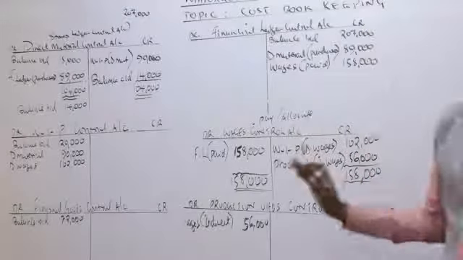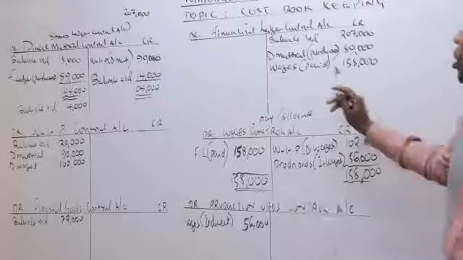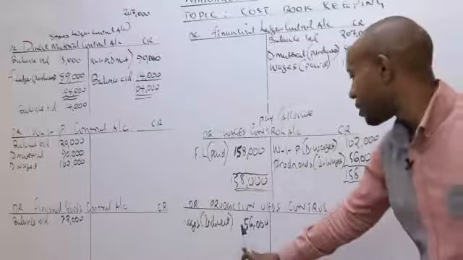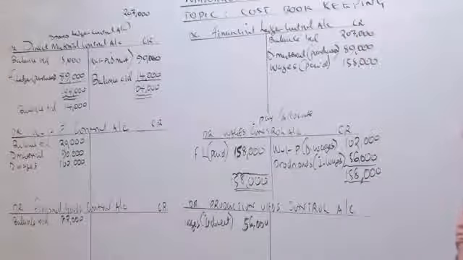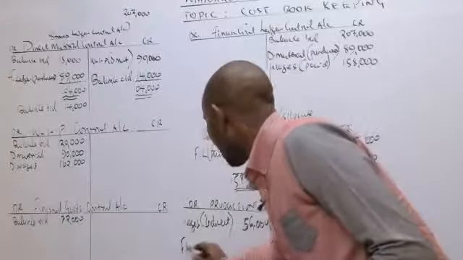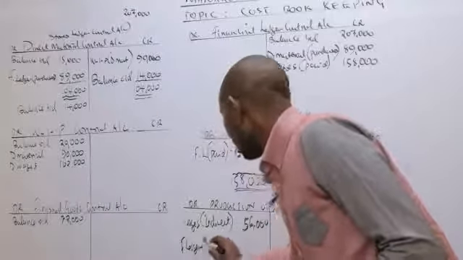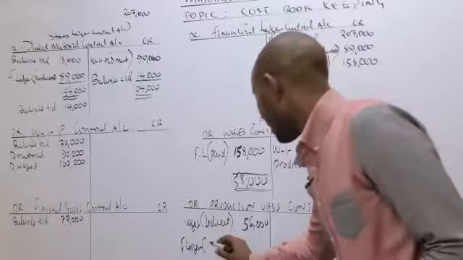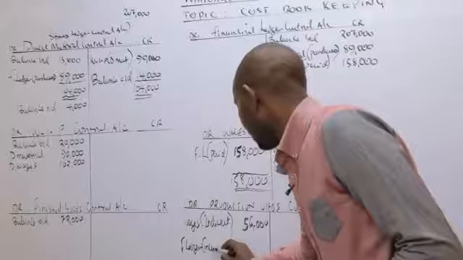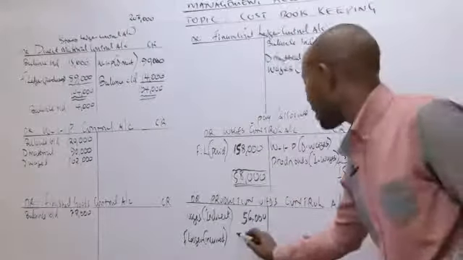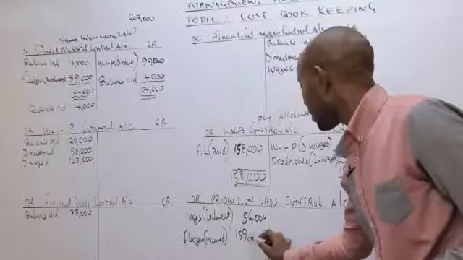So we credit the financial ledger and debit the production overhead control account. So let's do that. We say financial ledger. These were the expenses paid or incurred, which amounts to 159,000.